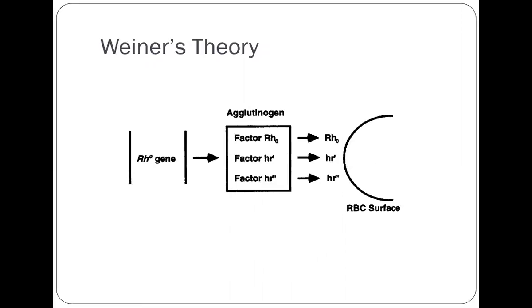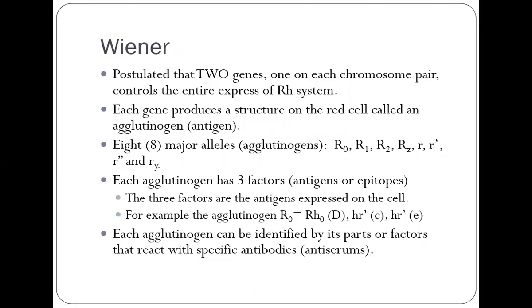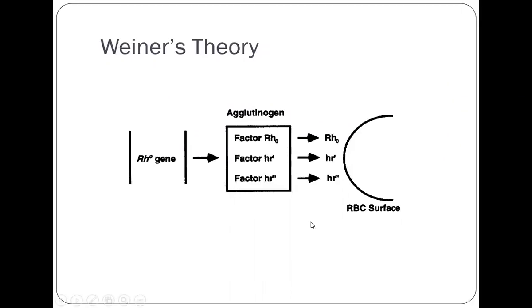I'm just going to go back for a quick second. Okay, yeah. So I just wanted to show these are the 3 different parts again. And so what you need to understand is, unlike the Fisher and Race, where that had 3 separate genes at a loci, this only has 1 gene that can produce an agglutinogen.